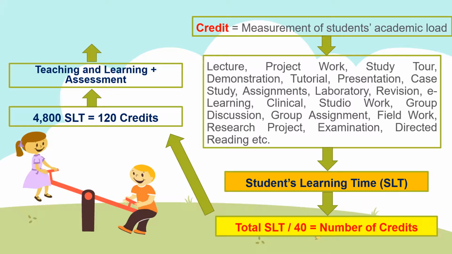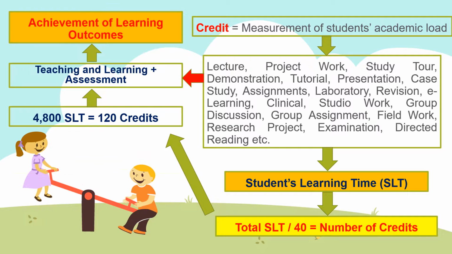Remember, the lectures, project work, study tour, demonstration, tutorial, presentation, case study, assignments, laboratory, all of them contribute to the teaching and learning plus assessment. All these are required in order to achieve the learning outcomes.